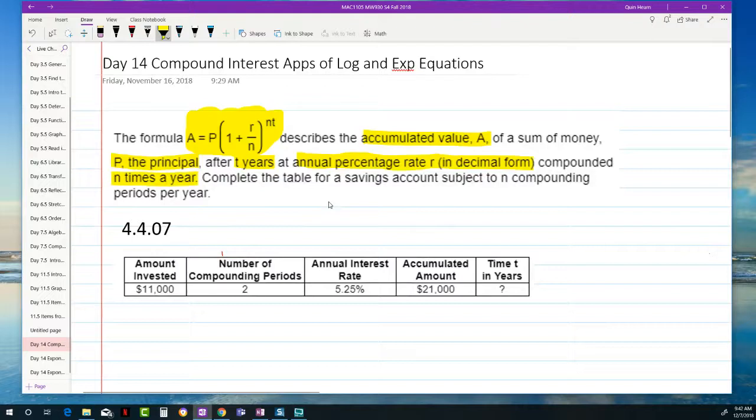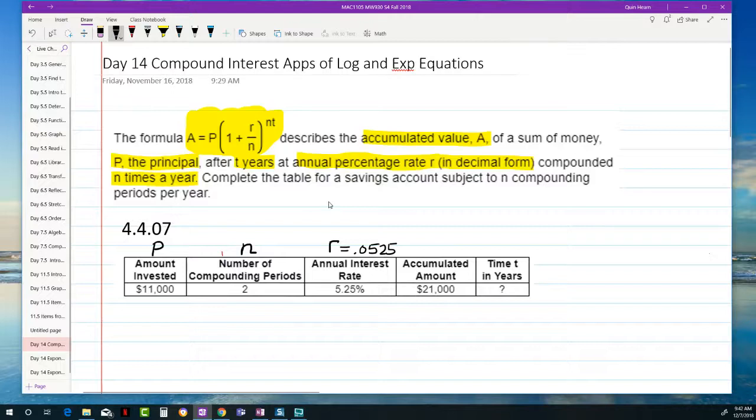Okay, so let's look at a particular example where we're given the amount invested, the number of compounding periods, the annual interest rate, and the accumulated amount, and we're asked to find t in years. So what are they telling us? They're telling us the principal P, the number of compounding periods n, and the annual interest rate r, although we do have to convert that to decimal form, so we're going to move the decimal place 2 places to the left.